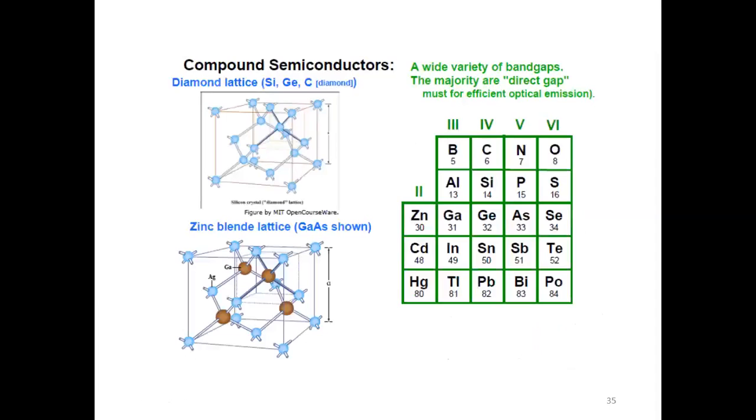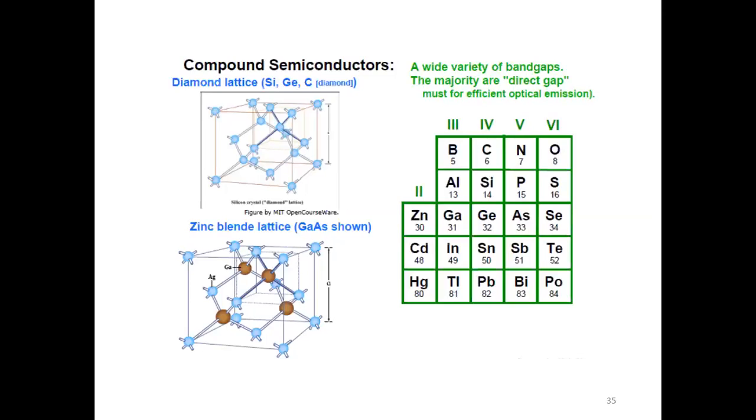Compound semiconductors have a wide variety of band gaps, and a majority are direct band gap, which are the most efficient ones.